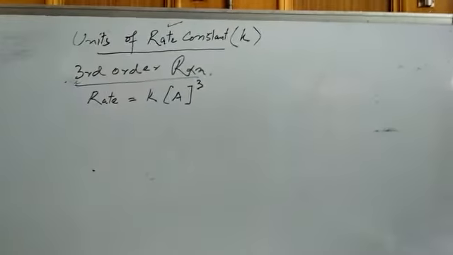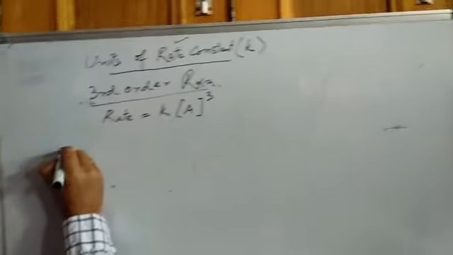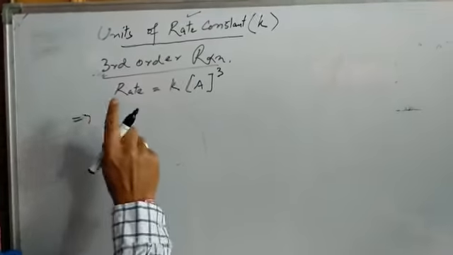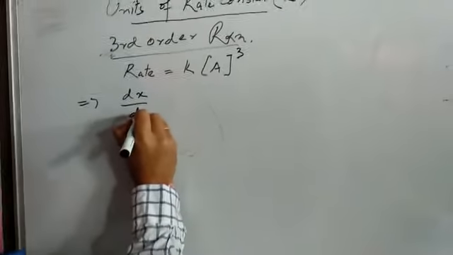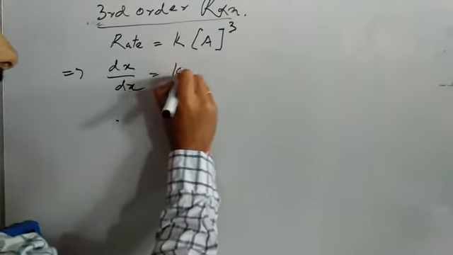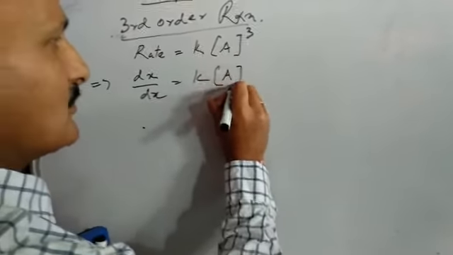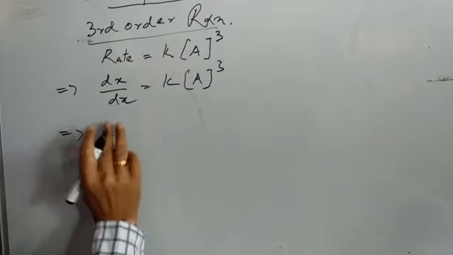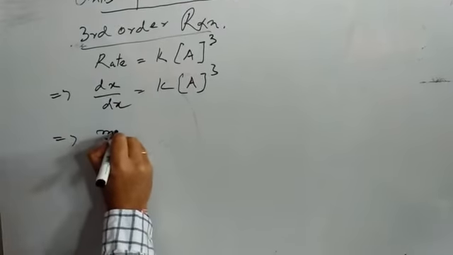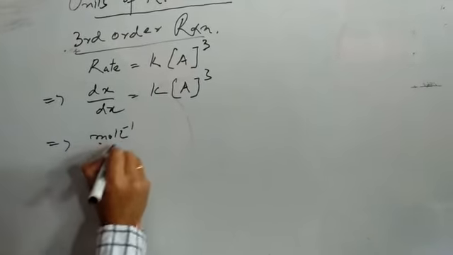Now moving to their units, rate is delta x upon delta t. Write this like this, then K, A raised to power 3. Let us move to their units now. This is mole per liter, that is concentration, upon second.